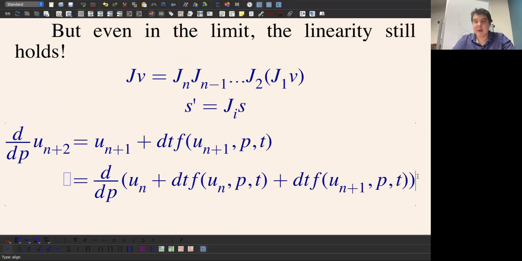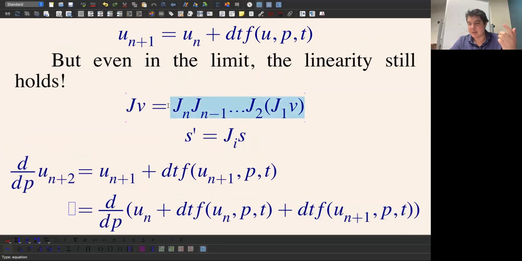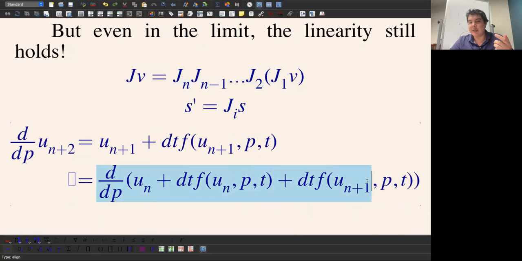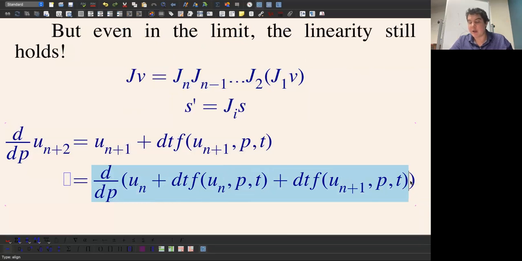And so the fact that we can push this through, it's d/dp of this term plus d/dp of this term plus d/dp of this term, which is exactly equivalent to this decomposition. That is the property of linearity in play. So you've just taken linearity to its infinite limit.